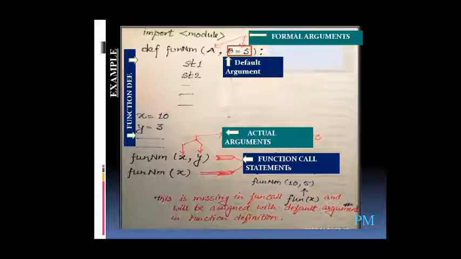So this is a benefit or advantage of having a default argument in any function. Other than this, there's a function definition part having some statements, and the rest I have explained.